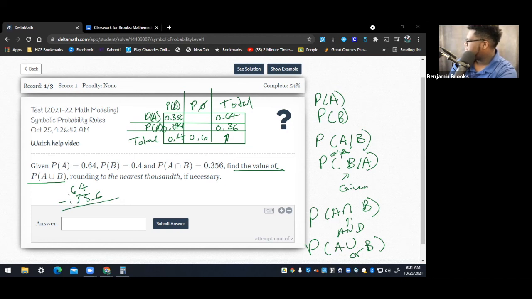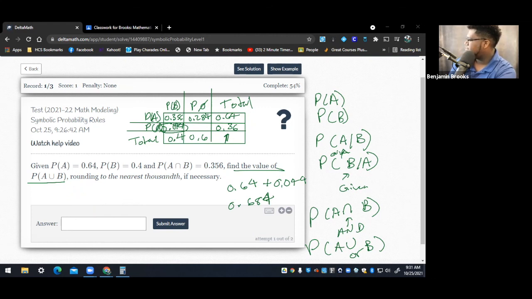It's going to be 0.284. So the probability that A happens is 0.64. And the probability that B happens but A doesn't is 0.044. So if I put all that together, I got 0.684, which should be the answer.